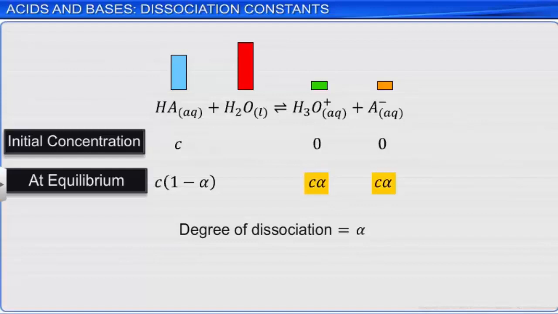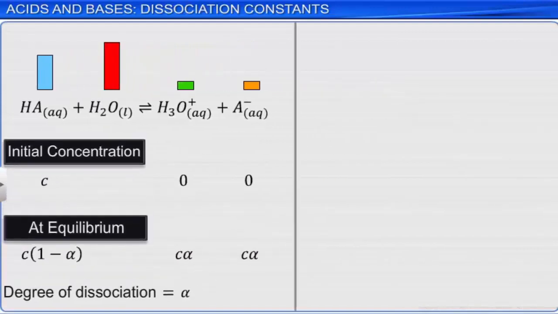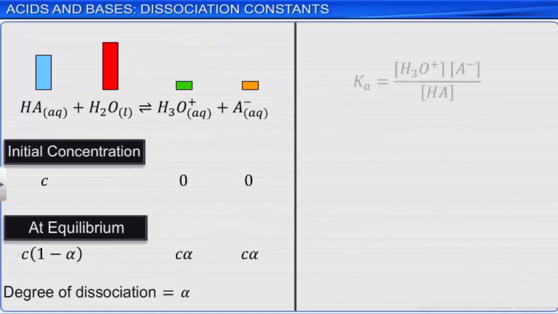The dissociation constant Ka for this dissociation equilibrium can be written as Ka is equal to the product of concentration of H3O+ and A- ions divided by concentration of HA.